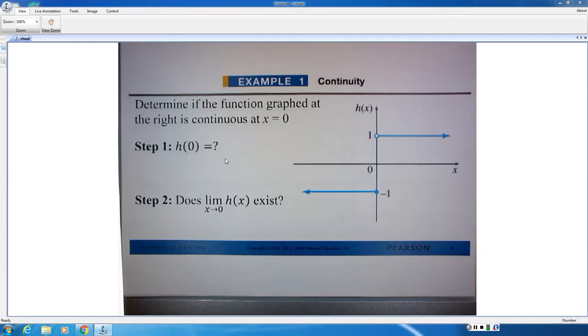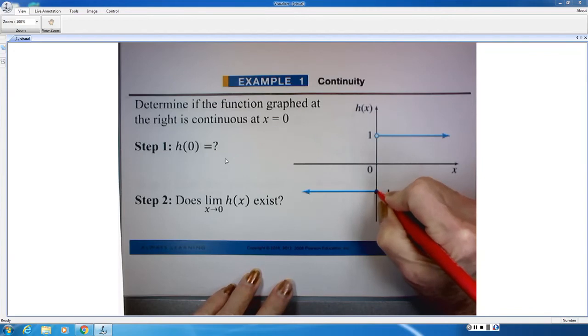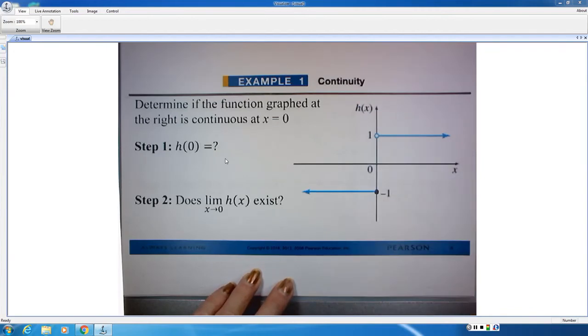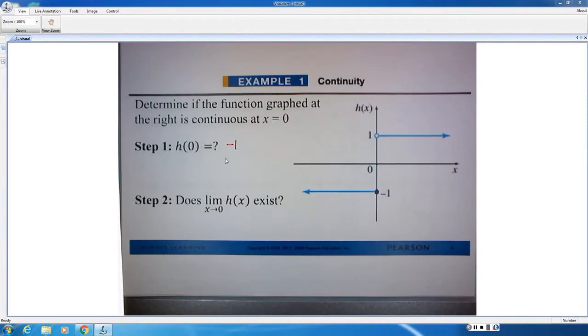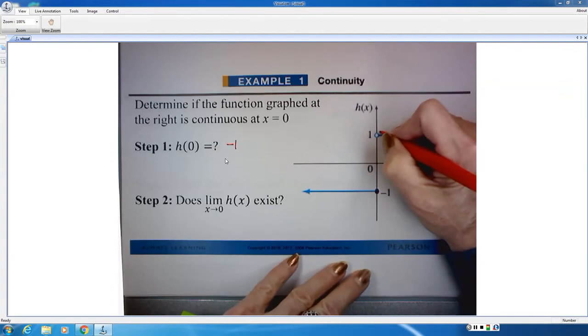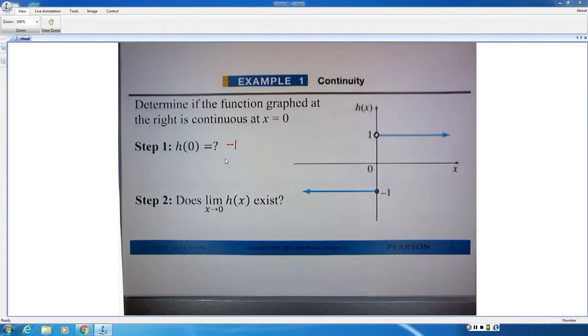H of 0 is defined as -1, because that's where the point's filled in. It isn't defined as +1. Notice there's a hole where +1 is. So it says no, at x equals 0, h takes on the value -1. It doesn't choose the value 1. Okay? So then we go to step 2.